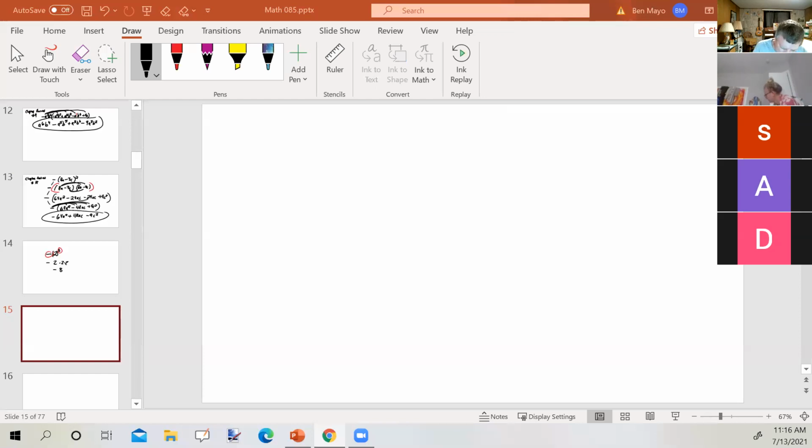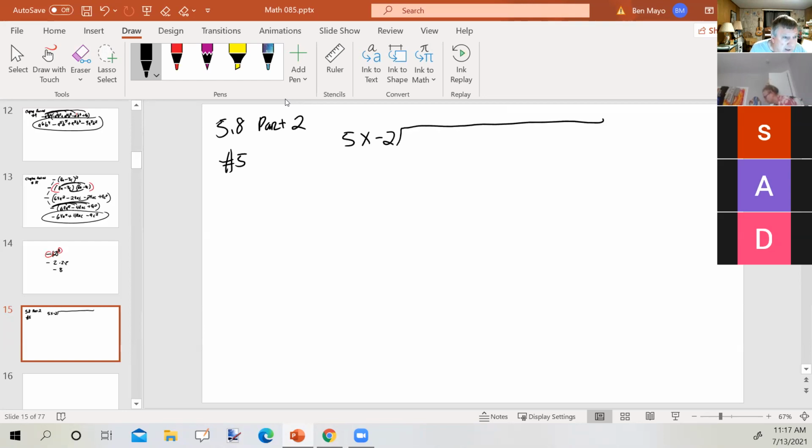Let's see here. So this is 5.8 part 2, and this is problem number 5. It says perform the division. We've got 5x minus 2 on the outside and 23x minus 10 plus 15x cubed minus x squared.